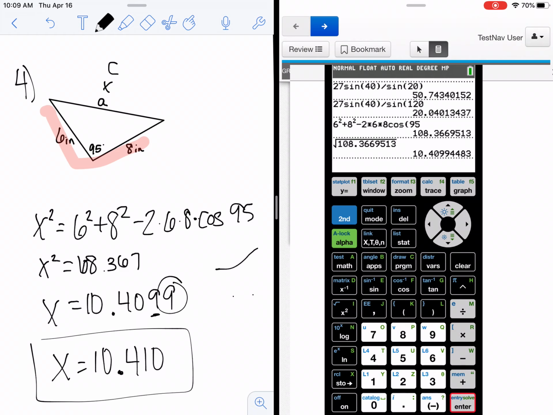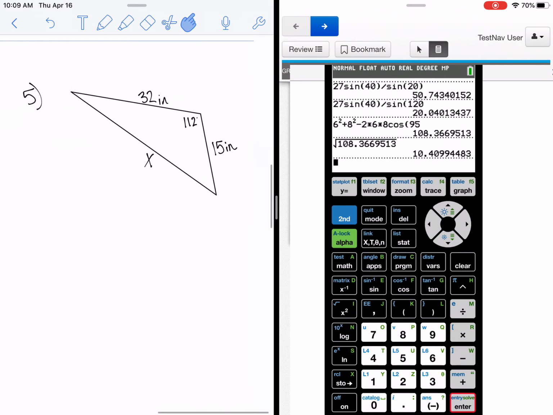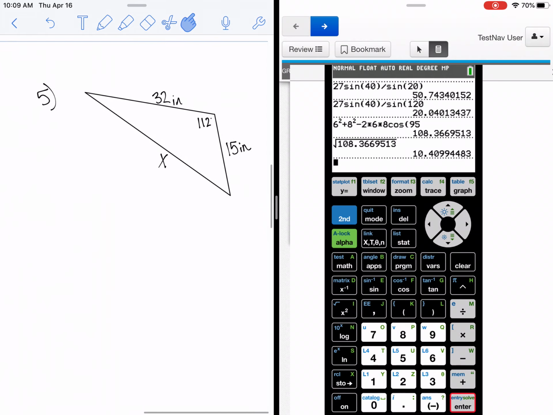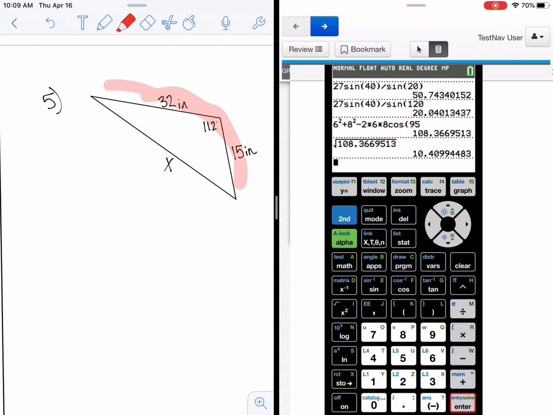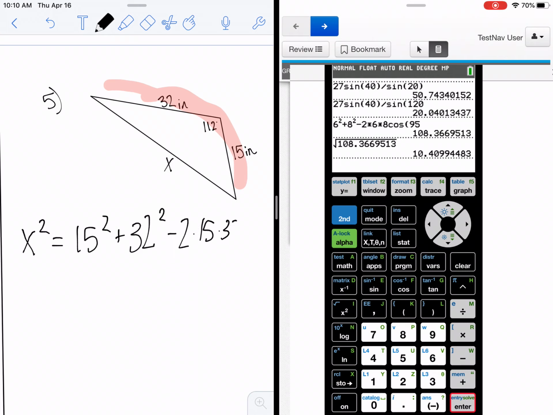Okay. And then one more to look at here. Again, in this situation, I know the two sides next to each other and the angle in between, so that's going to be another law of cosines problem. So I'm going to do x squared equals 15 squared plus 32 squared minus 2 times 15 times 32 times the cosine of 112.